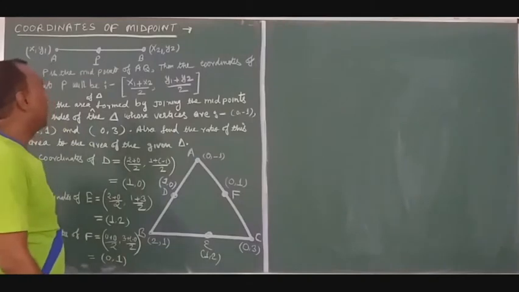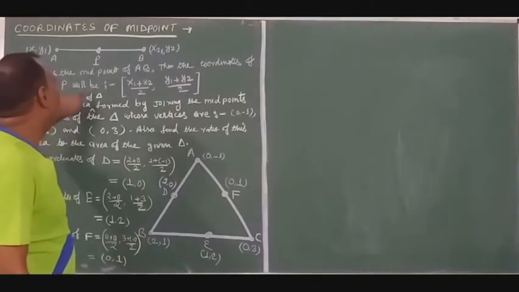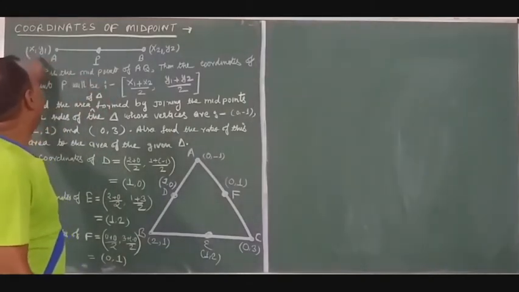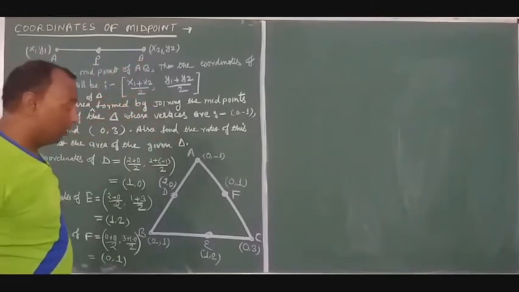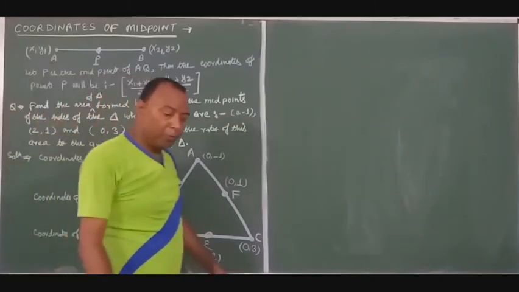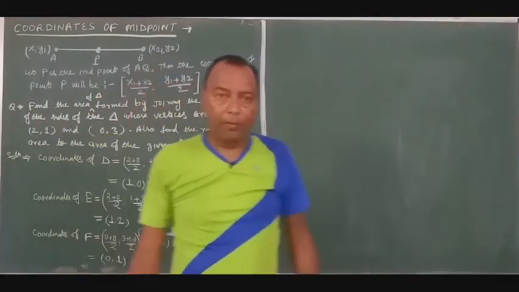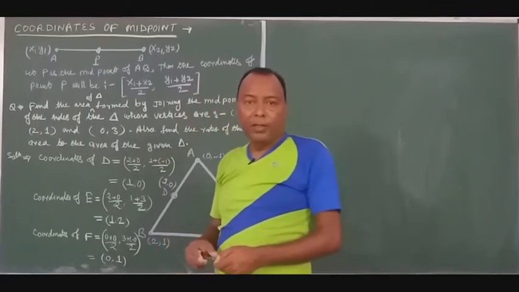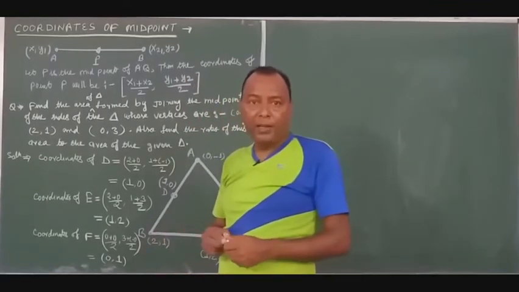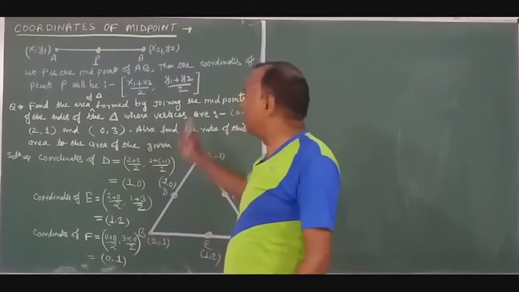Then the coordinates of point P will be given by adding both the abscissas, that is (x1 plus x2) upon 2, comma (y1 plus y2) upon 2. So the coordinates of the midpoint are the average of the abscissas and the average of the ordinates.